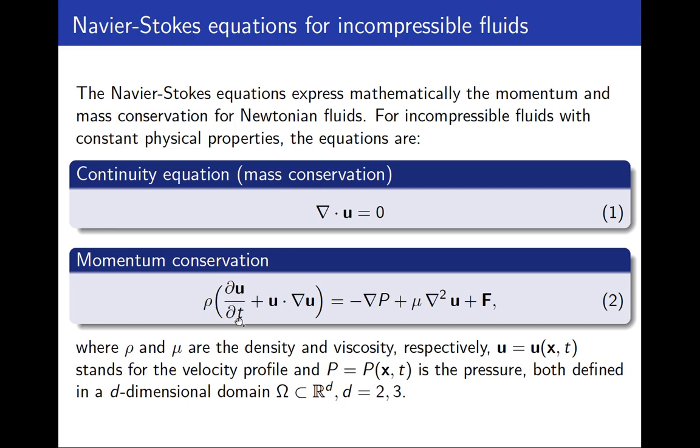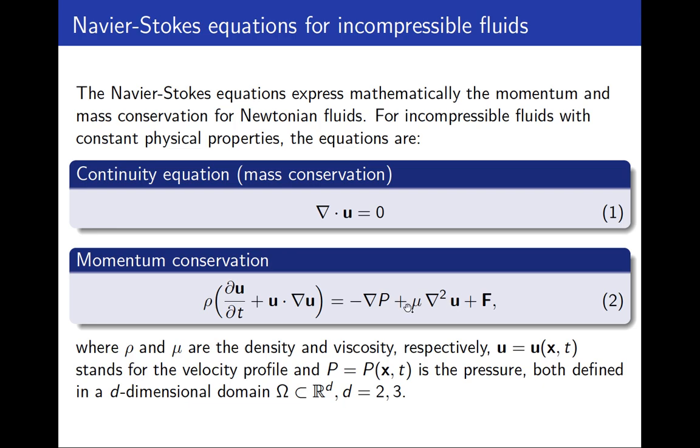One is the temporal derivative of the velocity field, plus a spatial derivative, which is the velocity field multiplied by the gradient of the velocity, all of this multiplied by the density, and that has to be equal to the forces applied to the fluid. We have a pressure gradient, a Laplacian of the velocity field, and then the source term, which considers the presence of external sources of movement, such as gravitational effects or electromagnetic fields.